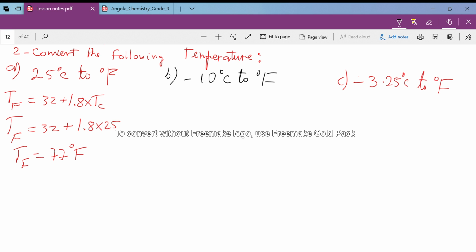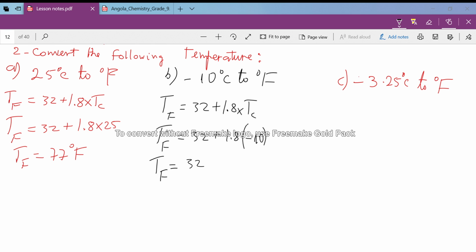Now let's try the temperature with minus 10. Again, TF equal to 32 plus 1.8 times TC. So TF will be 32 plus 1.8 times minus 10. When you multiply 1.8 with minus 10, the result will be minus 18.